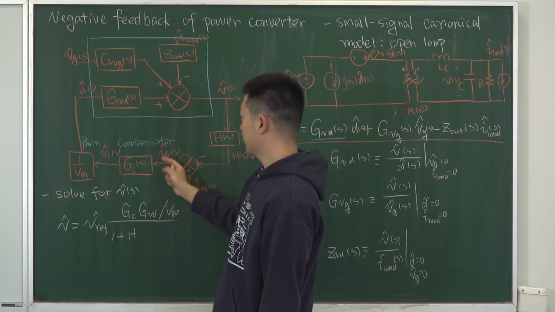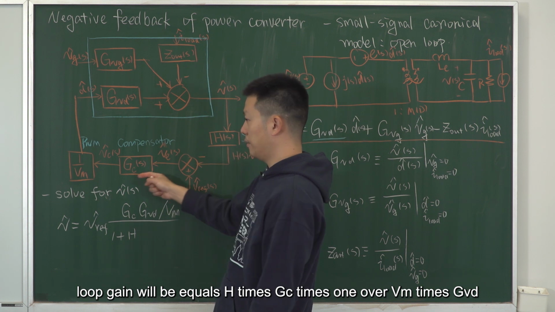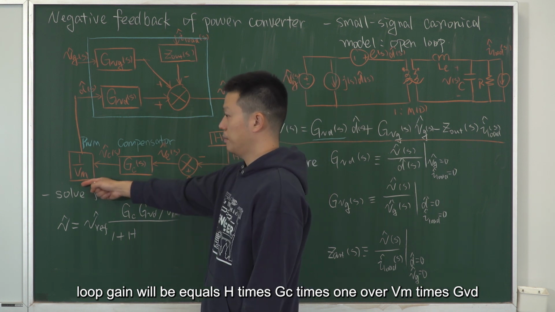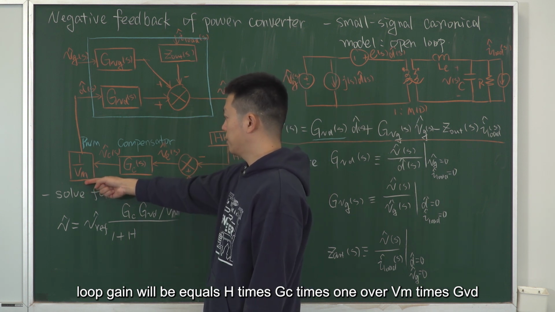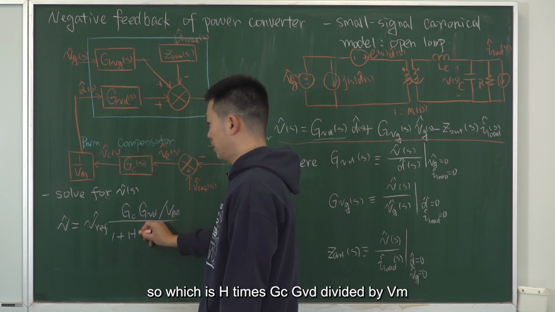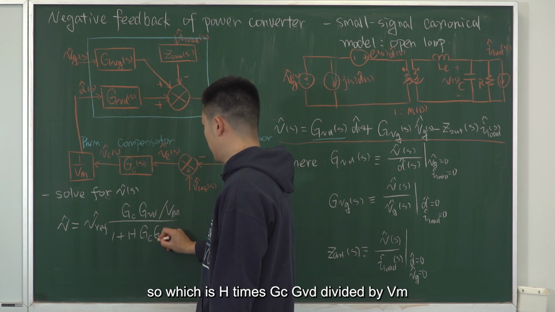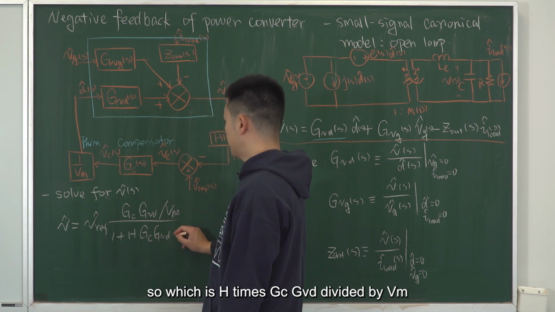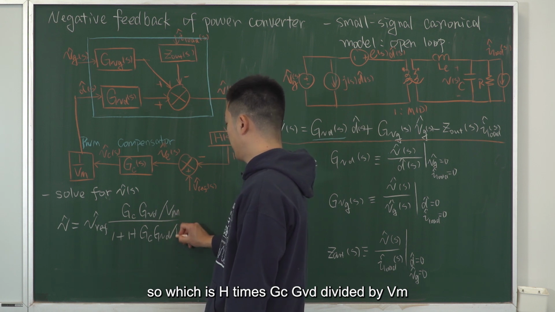The loop gain will be equal to H times GC times 1 over Vm times GVD. So which is H times GC GVD divided by Vm.